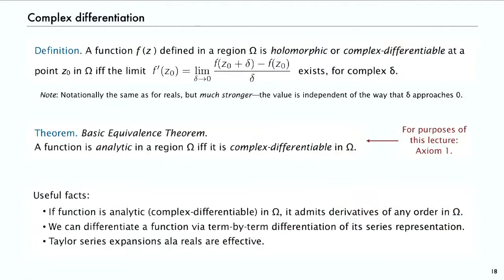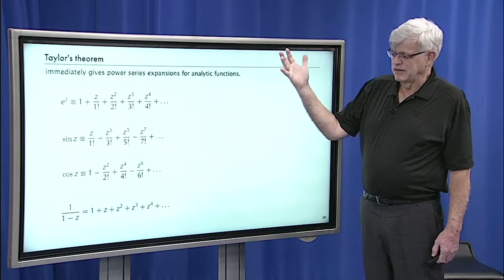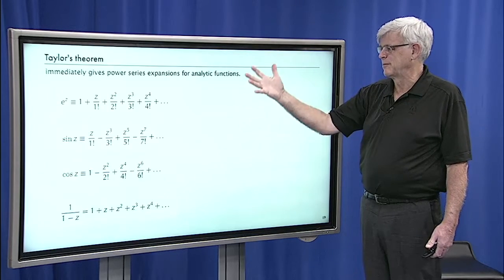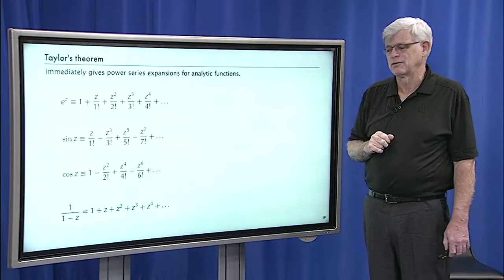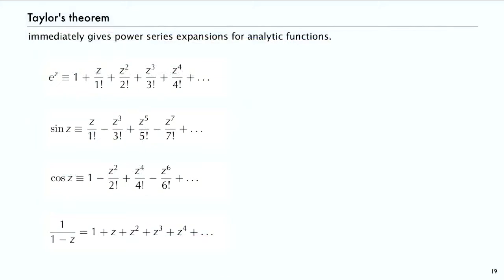And in particular, we can use the Taylor series representations that I just talked about of familiar functions like e to the z and 1 over 1 minus z and polynomials and so forth. So Taylor's theorem in terms of derivatives just immediately applies and gives us the power series that we're going to want. Those are the kinds of power series that we're going to be extracting coefficients from in order to do our counting.